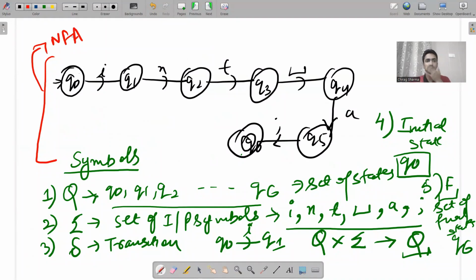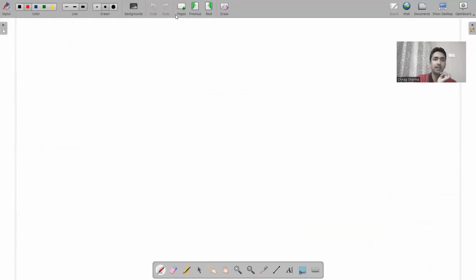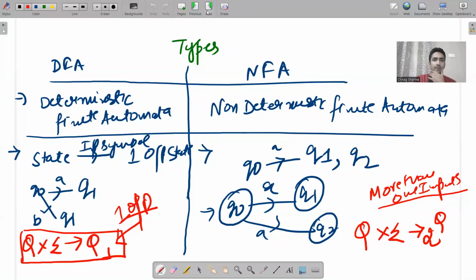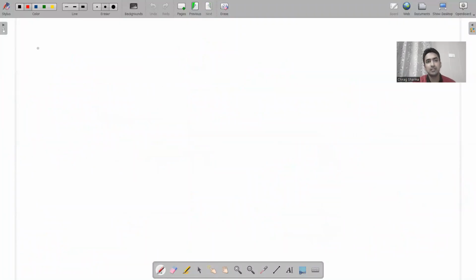Although I'm not going to two different states by giving I, but this is something which is incomplete. Let me tell you the fact behind it. So what is the thing? In DFA, there is one condition that you have to do.